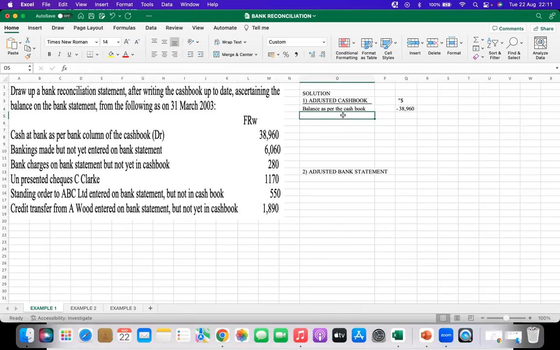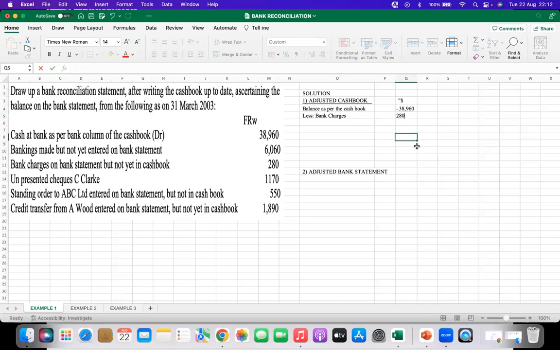So, after you have posted the 38,960, you look for any items to deduct. We check if there is any bank charges. Number two, banking made but not yet entered into the bank statement. In that case, we say that's uncredited. It affects the bank statement. Number three, bank charges. So you less bank charges, and our bank charges are 280.